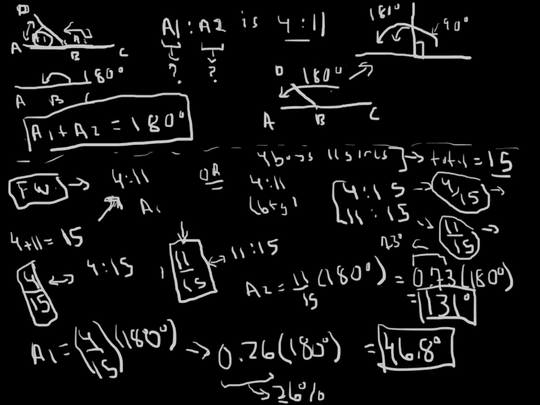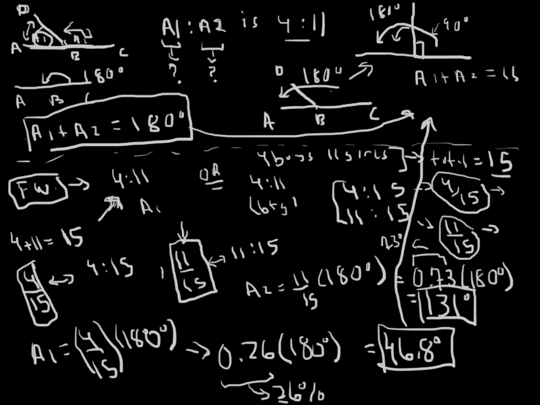If you want a quick way of checking this, just sub it back into our formula. We knew that A1 plus A2 is equal to 180 degrees. Now let's check if that was the case. So our A1 is 46.8 plus 131.